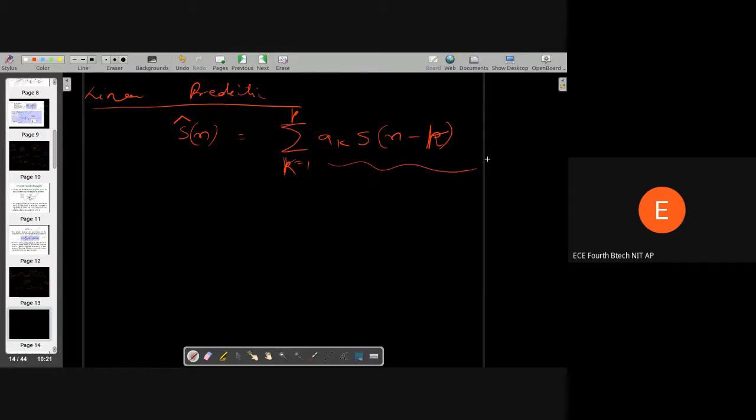The value of the speech signal at any sample instant, any index, you can calculate from its values at previous indices or previous times. This is called linear prediction. This is a technique in the field of signal processing, called adaptive signal processing.